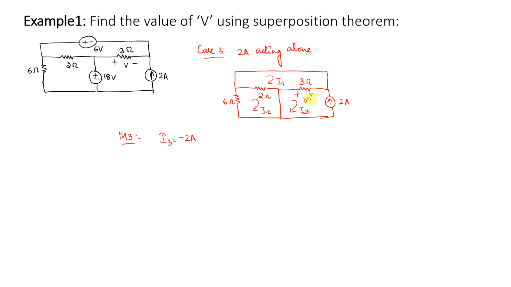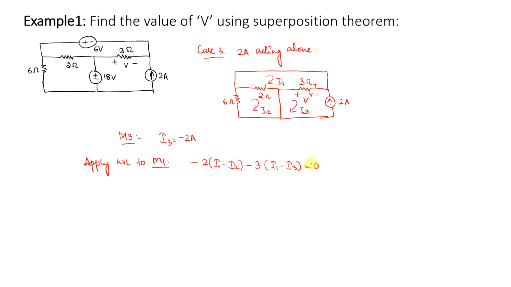When I apply KVL to mesh 1, I get the equation as minus 2 times I1 minus I2 minus 3 times I1 minus I3 equal to 0.